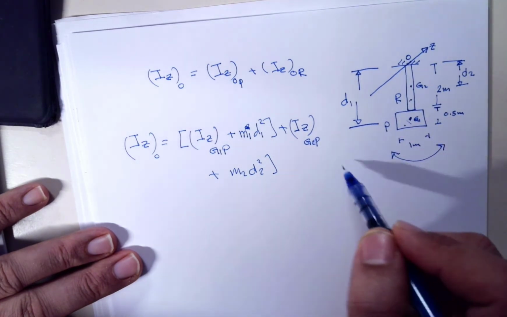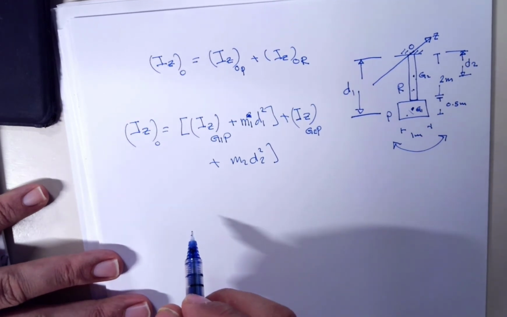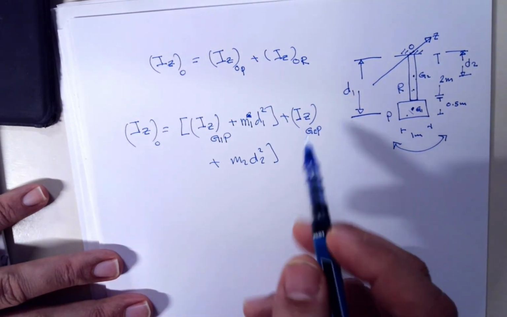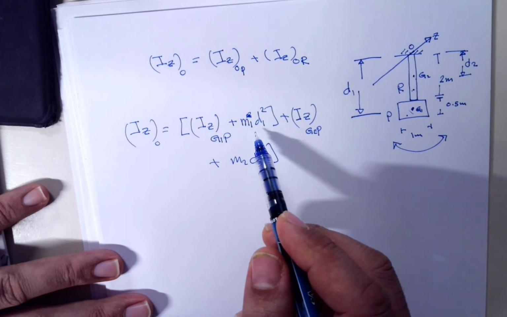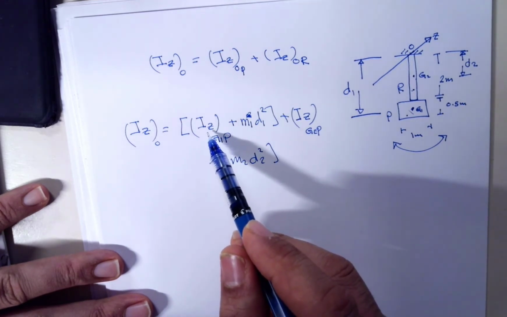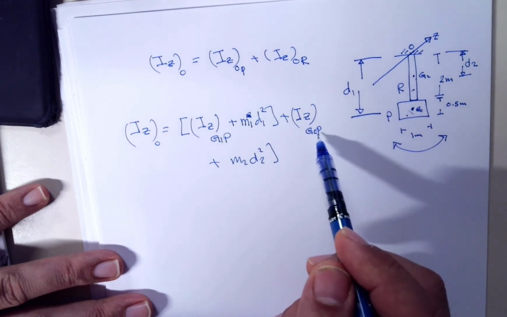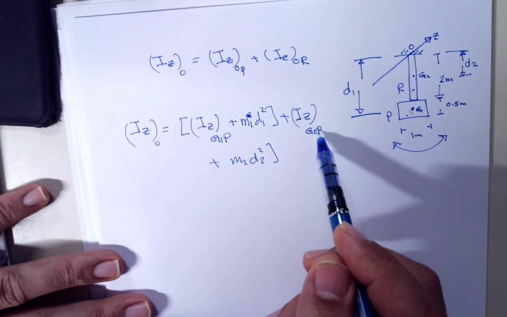Here is a little bit different problem. So now what we need to know is how much is D1, how much is D2, mass 1 and mass 2 are given, and also how to calculate Iz for the plate and Iz for the rod, right?